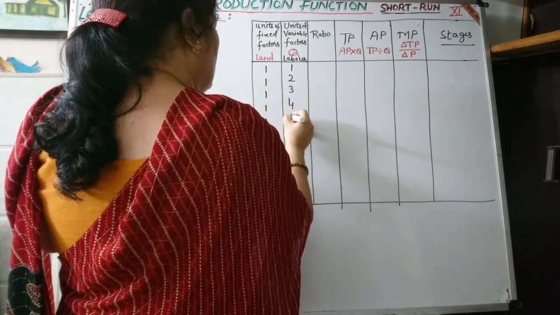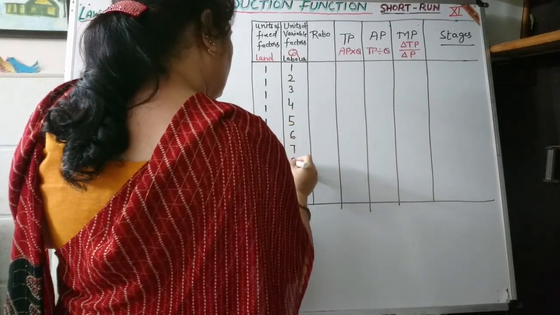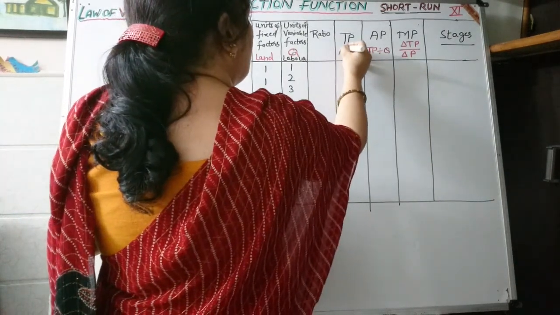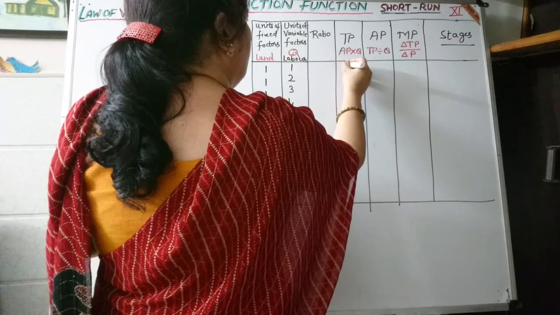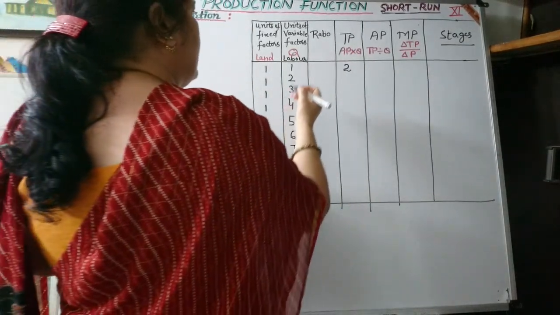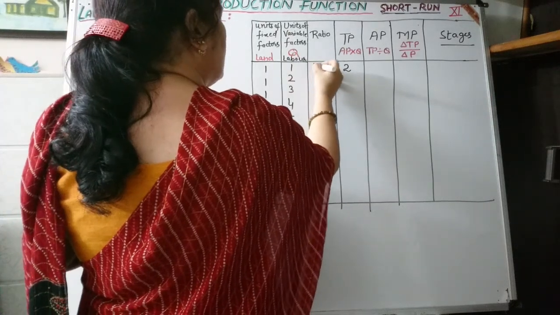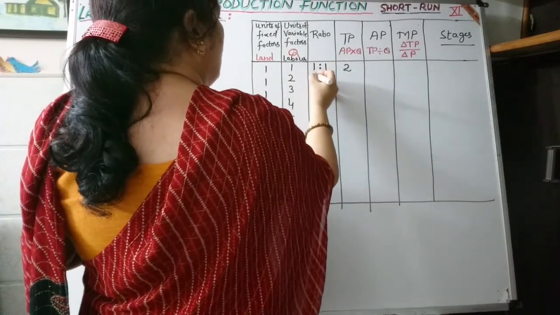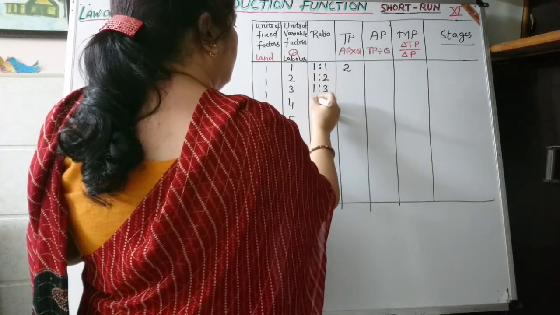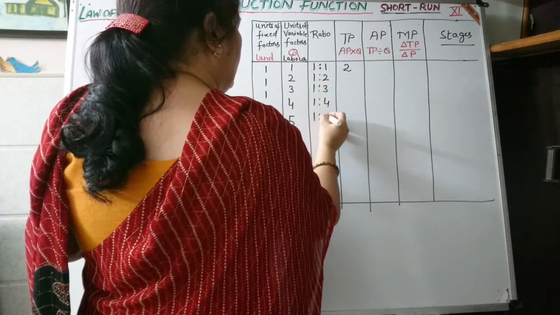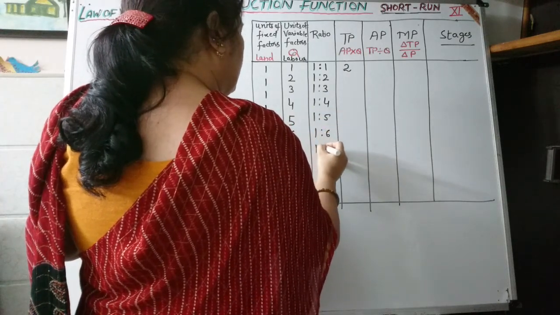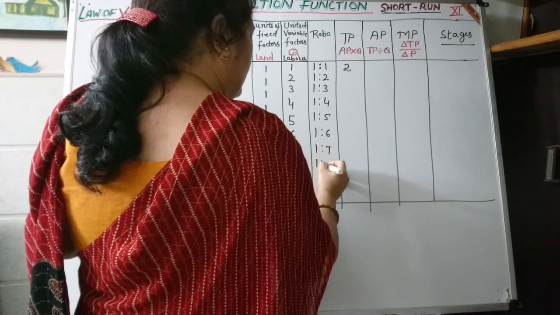As units of output increase, total production will also increase. Suppose that initially we were producing 2 units with 1 labor. So the ratio between fixed and variable factor is 1 to 1, then 1 fixed factor and 6 variable factors, 1 fixed factor and 7 variable factors.